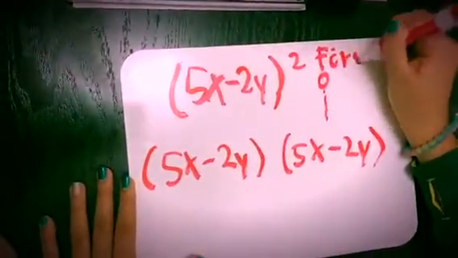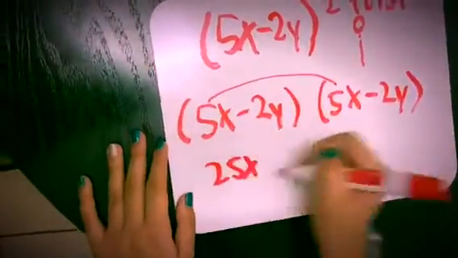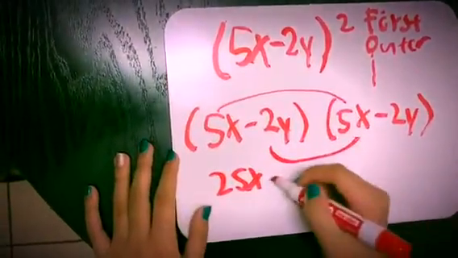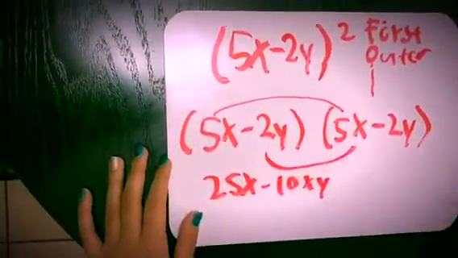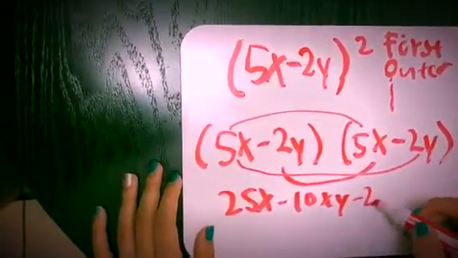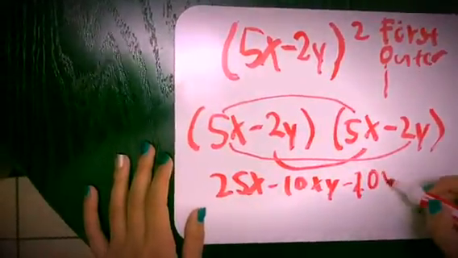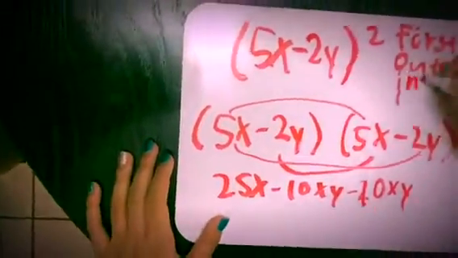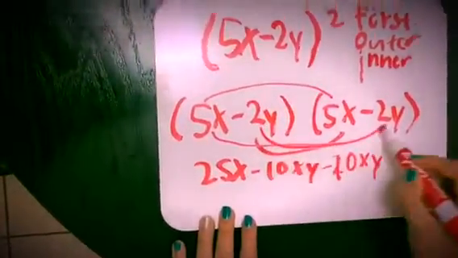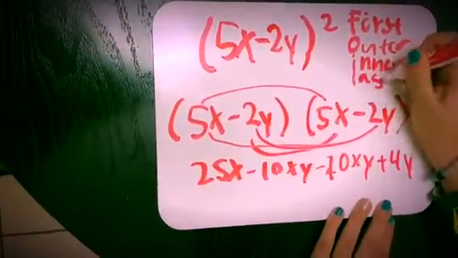First, you do 5x times 5x equals 25x squared. Outer, which is 5x times -2y, gives you -10xy. Inner, which is -2y times 5x, is -10xy. Last, negative 2y times negative 2y gives you positive 4y squared.